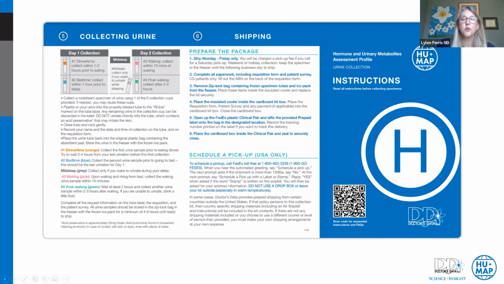Patients are instructed to collect their samples at dinner time, bedtime, waking, and 2 hours post-waking. There is a 5th tube for collecting any urine that's excreted in the middle of the night. This collection is optional, but for patients who do urinate in the middle of the night, it is very helpful to collect it because remember, any urine that is not collected is data that we're not testing.